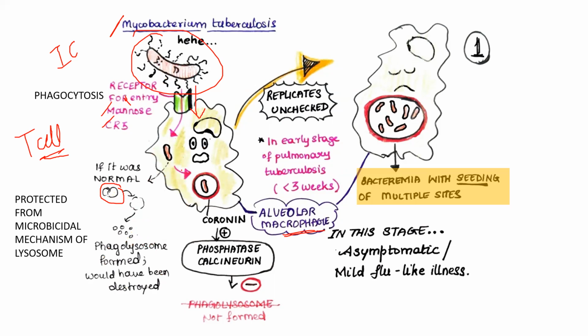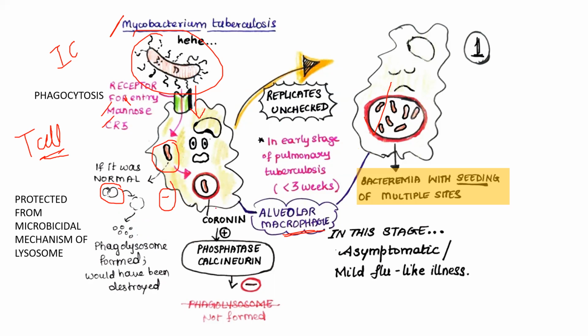But in case of Mycobacterium tuberculosis, it inhibits the maturation of the phagolysosome. Lysosomes bring about the microbicidal mechanisms, meaning they kill the bacteria. So when Mycobacterium tuberculosis inhibits the formation of the phagolysosome, it allows the bacteria to multiply unchecked. So it can keep on multiplying.